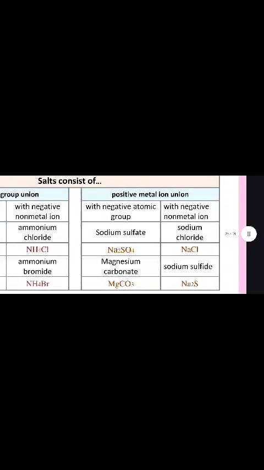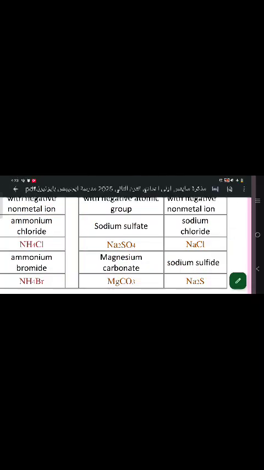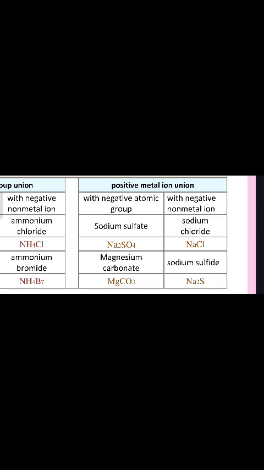Okay, what about the other side? Positive metal ion with, okay, let's start with the first one. A negative atomic group with a metallic ion or positive ion of a metal, like sodium sulfate Na2SO4, or magnesium carbonate MgCO3.